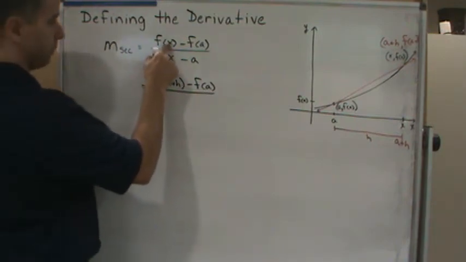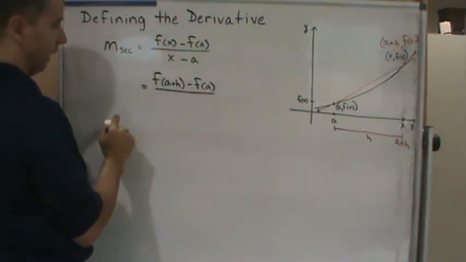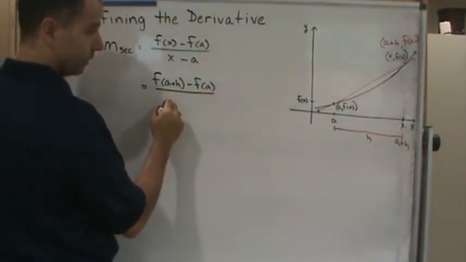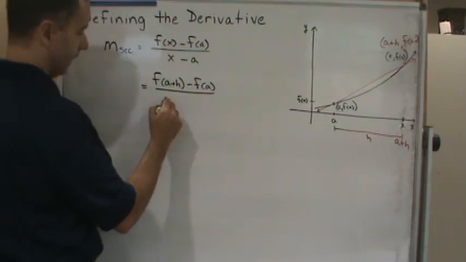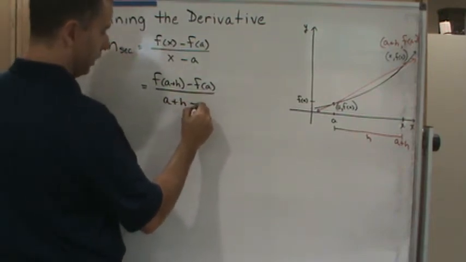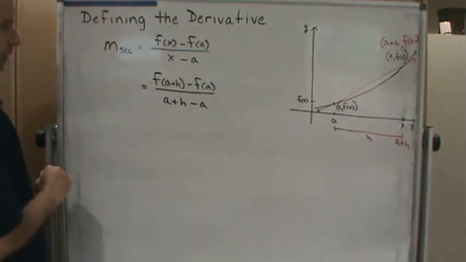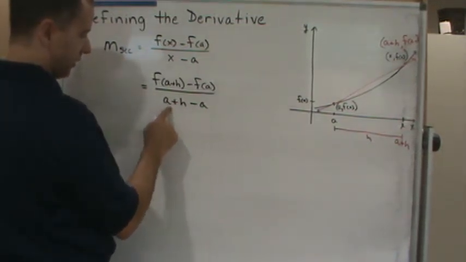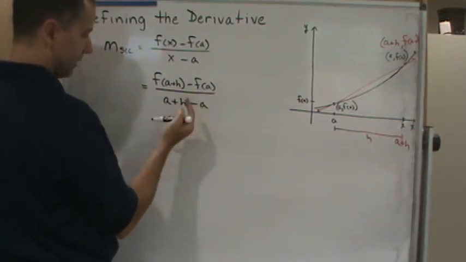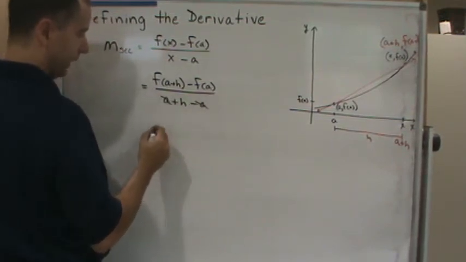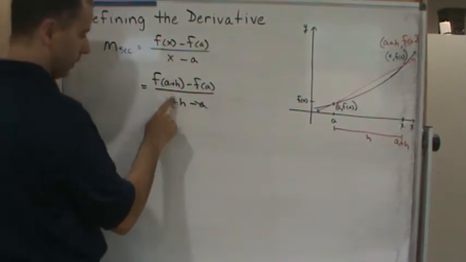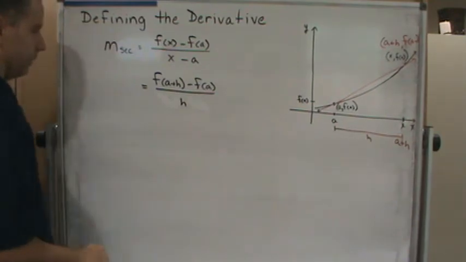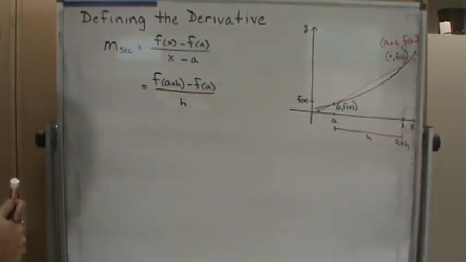All we're doing is substituting for x. So x here is going to be a plus h, minus a. The a here and the a here cancel each other out, so a minus a is 0. These go away, and we end up with this formula for slope.